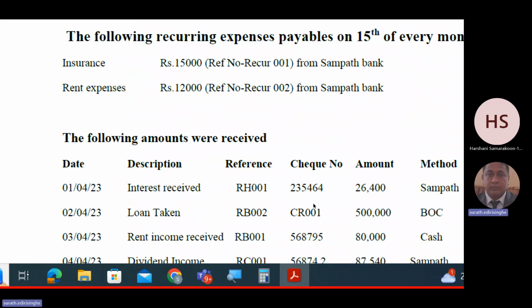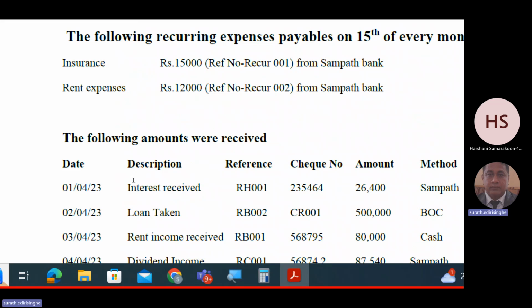Do not write the transaction that way in your project. Each transaction you have to explain fully. This is the lecture tutorial. Your project may be different. The transaction should be explained separately with the relevant date. Let's say this is 10th April, this is 13th April. You have to say for what purpose.